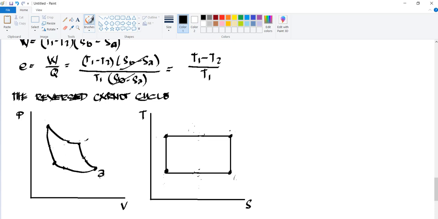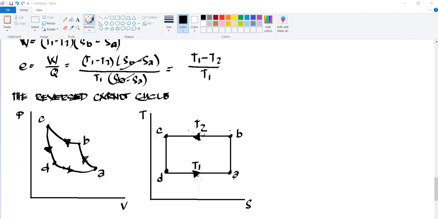Then the direction of flow starting from here going to point B, then here to point C. And then going down, that will be your point D, and pabalik sa point A. Then we have now your TS diagram, so this will be your point C, point B, and this is your A, and this is your D. So we have the following cycle. This is your T2, and this is your T1, going in this kind of loop.